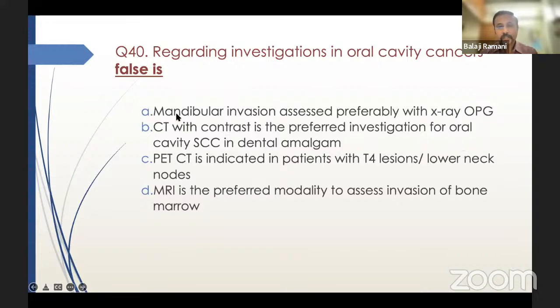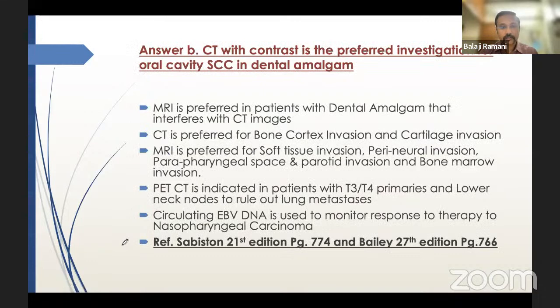So what is the best method to assess mandibular invasion? Whenever you have a patient, let's take it one step at a time. See CT and MRI, which is the best investigation? This is a commonly asked question in the examination. If they ask you without any qualification for your oral cavity, then you mark it as MRI.